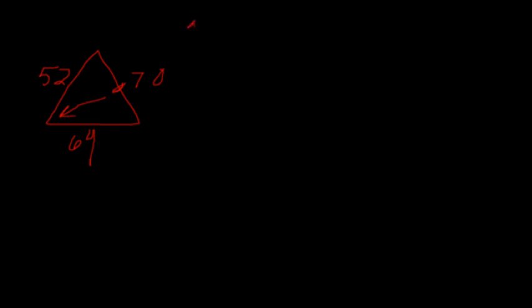And I know that this is law of cosines, right? The law of cosines says a squared plus b squared minus 2ab cosine theta equals c squared. I know that.